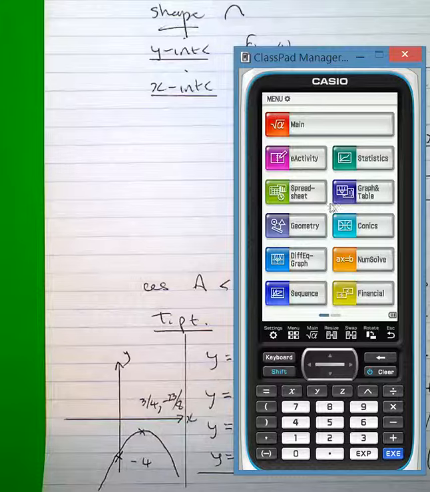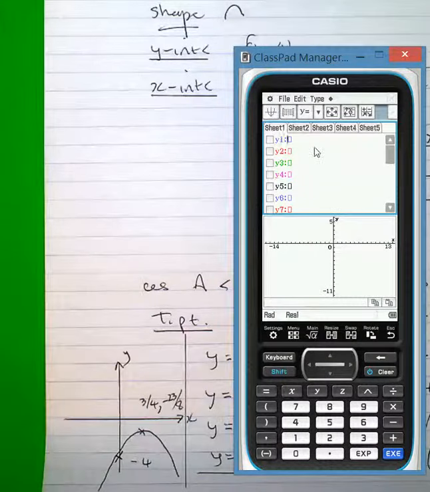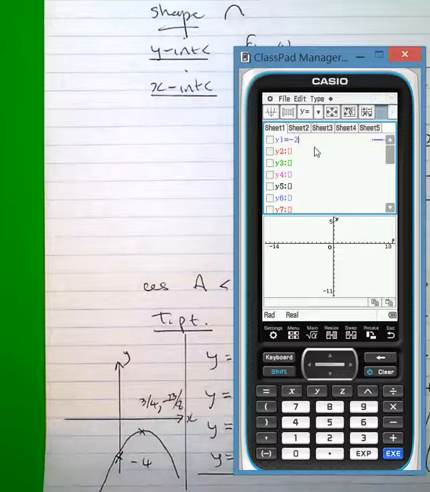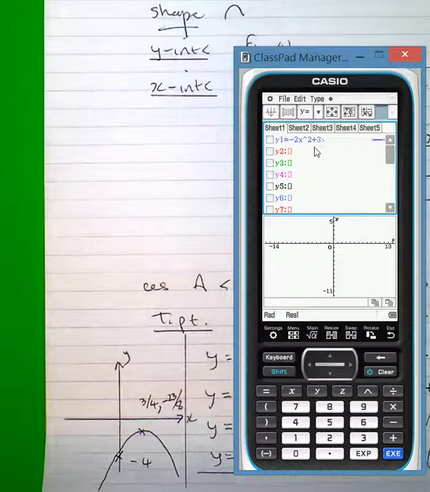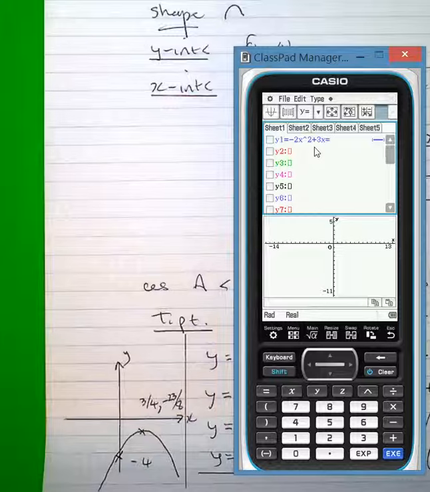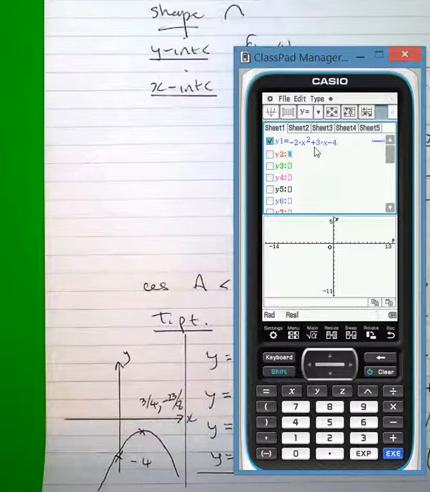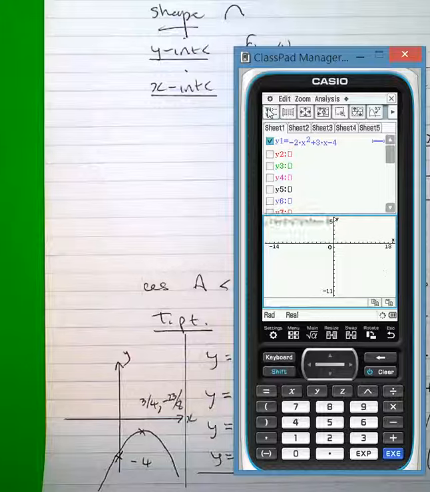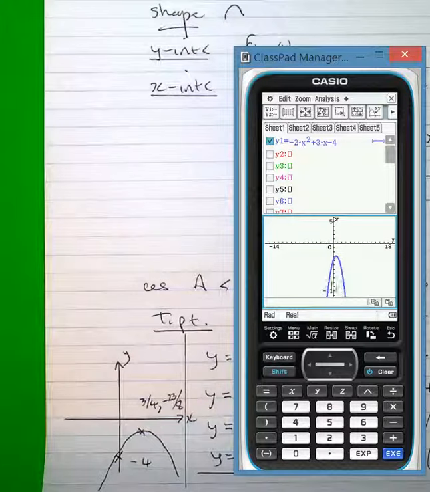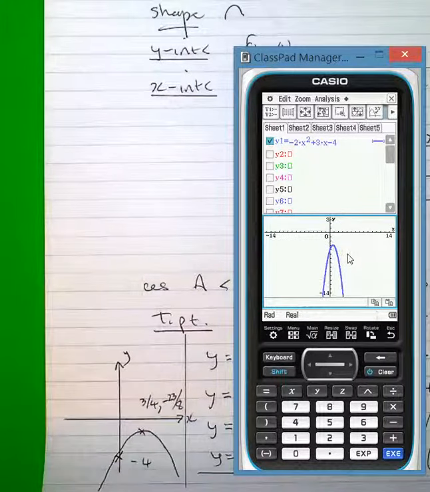So very quickly on the graphics calculator, graph and table, type in the function you've got. And press the graph. And you can very quickly see the function. Now you can move that up, you can make it larger, whatever.